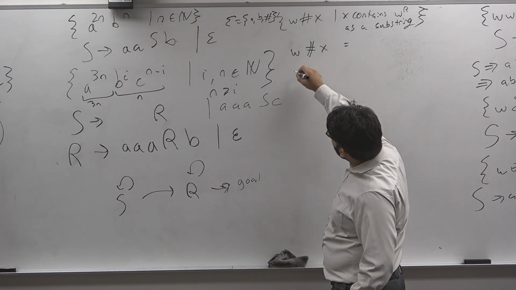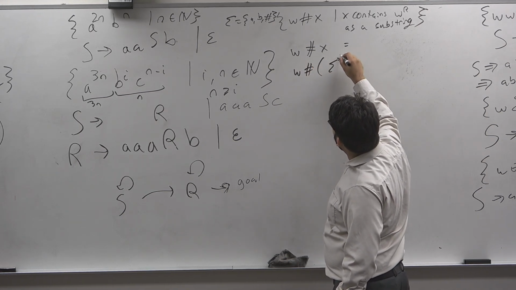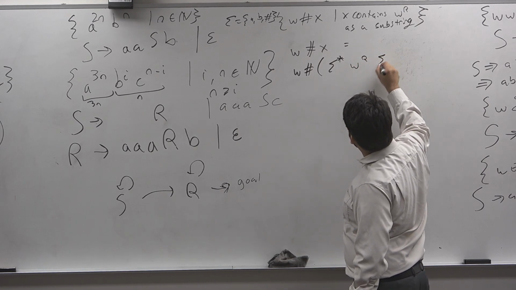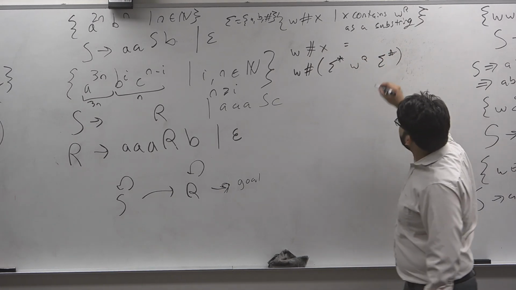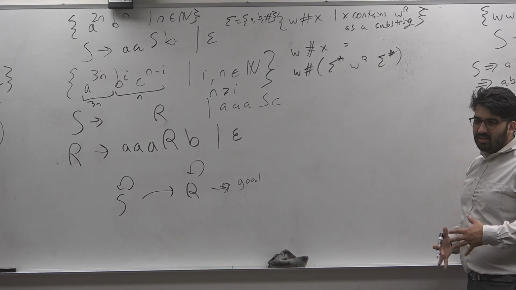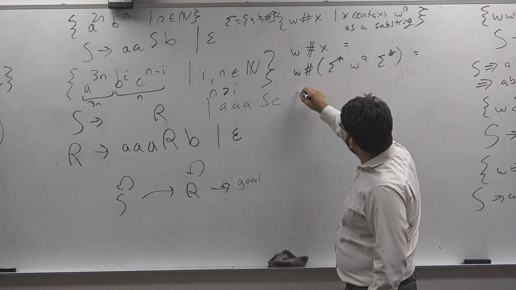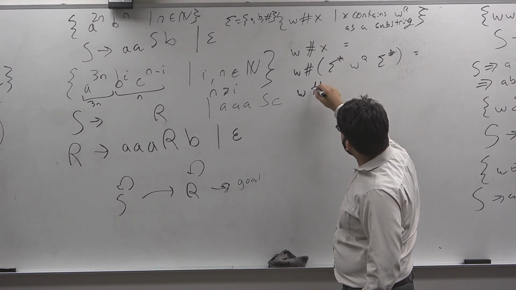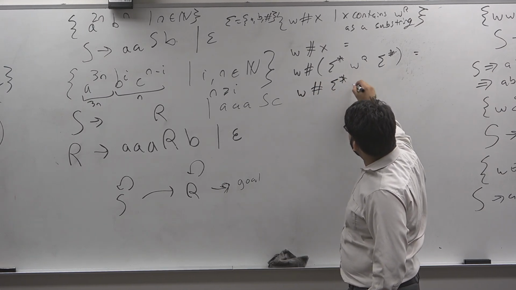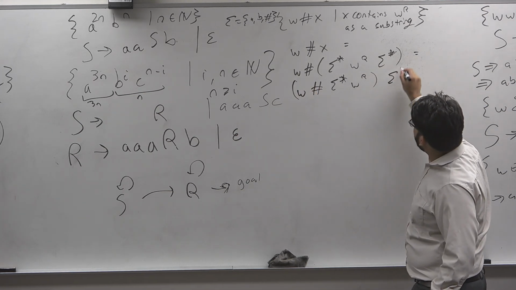So we could write W hash, then sigma star, W R, sigma star. Let's regroup that: W hash sigma star W R, and then a sigma star out here.